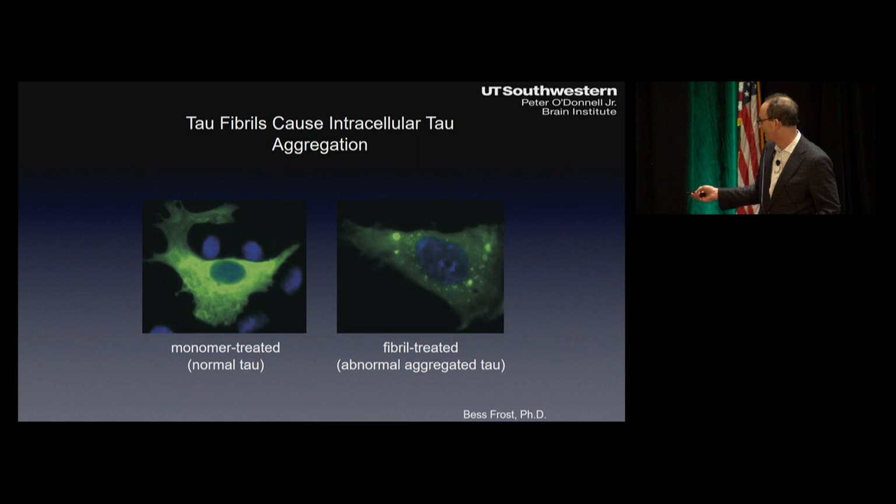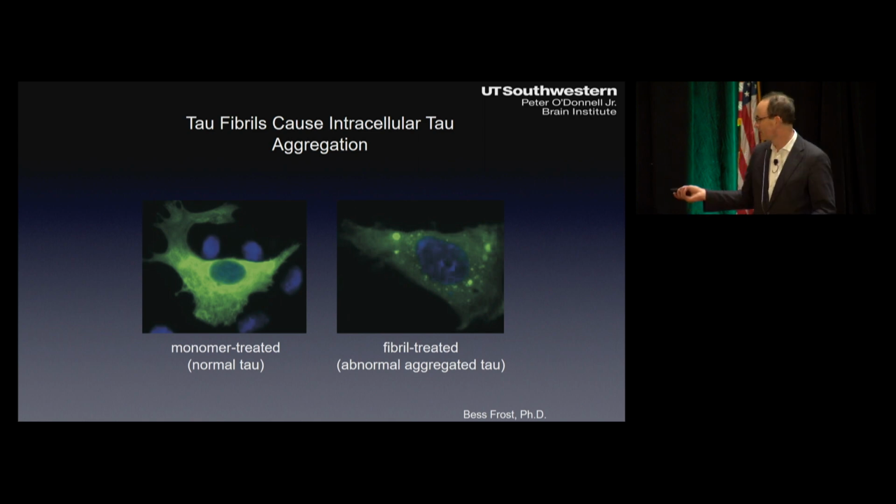But if Beth added fibrils to the media bathing these cells, the protein on the inside of the cell would convert to a fibrillar form and accumulate in these inclusions. This was a very dramatic finding. It's easy to see this effect here, and it was very exciting to see it under a microscope. But it turns out that simple observation kicked off this whole idea, really, that tau could be propagating pathology.